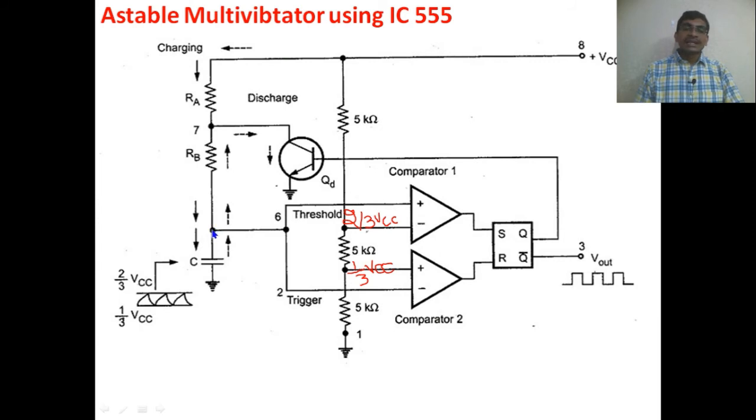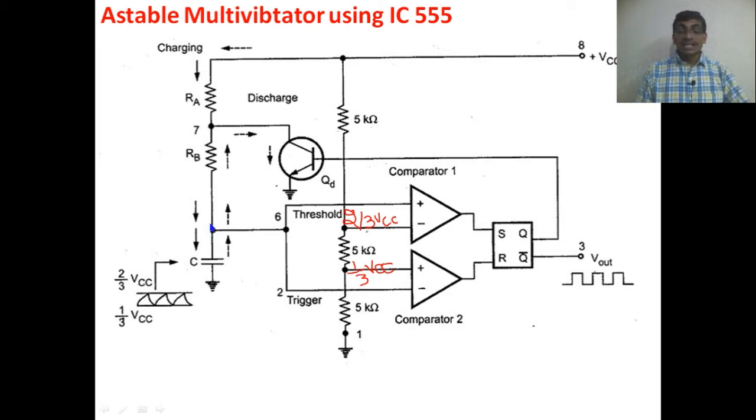Whenever it is discharging, the voltage across the capacitor is given to the second pin, which is the trigger pin of our 555 IC, which is nothing but the inverting terminal of comparator 2. The non-inverting terminal of this comparator is given the voltage of 1/3 VCC.